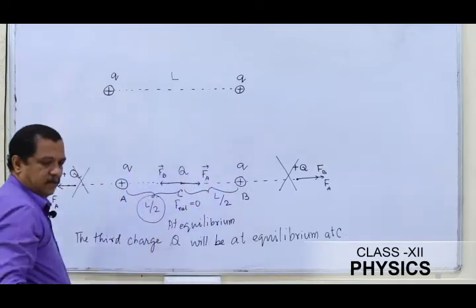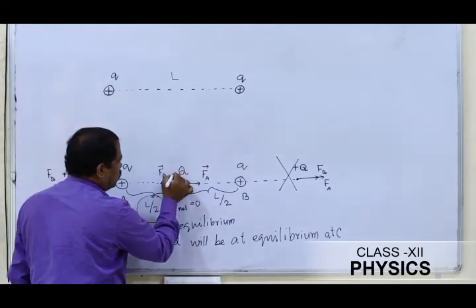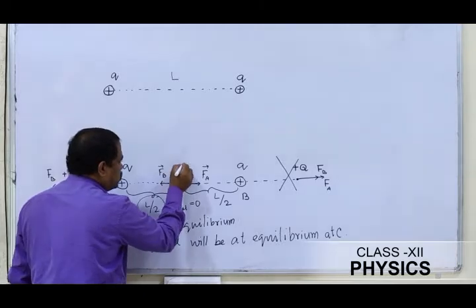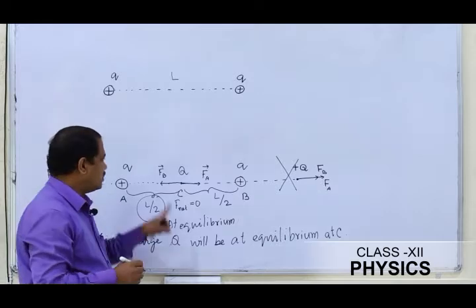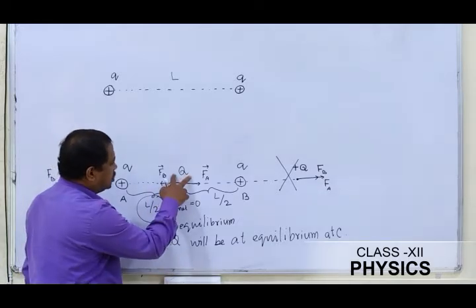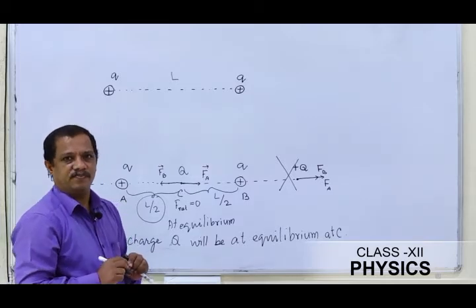Let us see an additional concept here. I placed a positive charge capital Q. What if we ask a question: instead of having a positive charge Q, we have minus Q?